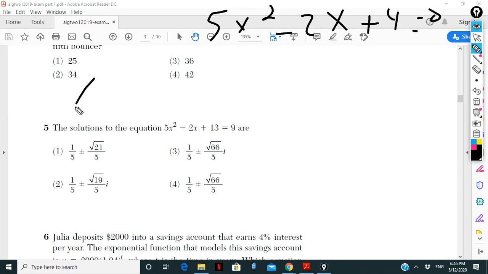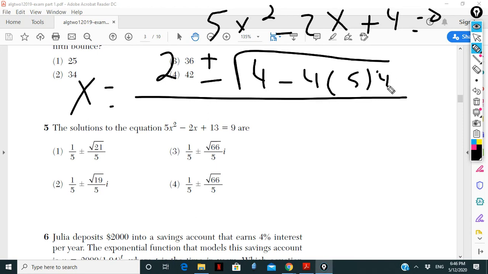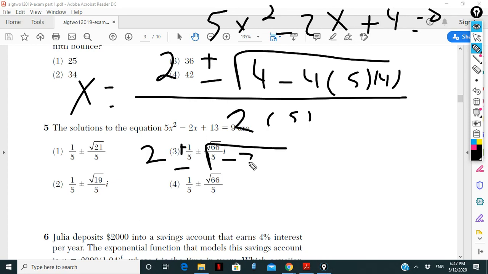And I'm going to use x equals negative b, which is 2, plus or minus the square root of b squared, negative 2 squared is 4, minus 4 times a times c, divided by 2 times 5. That gives negative 76 under the root, divided by 10.